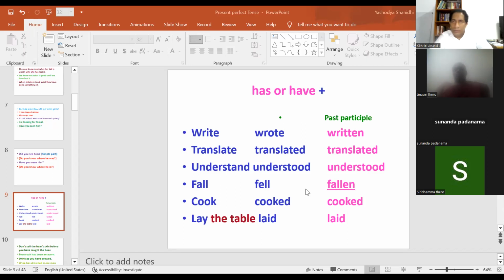Fall, fell, fallen. Right? Imagine that you just look at the well, and you see a coconut in the well. Then what would you say? You would say to somebody else, a coconut has fallen into the well. By using present perfect, you would say, a coconut has fallen into the well.